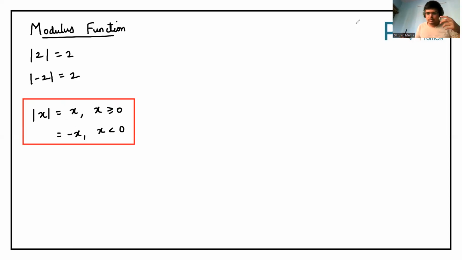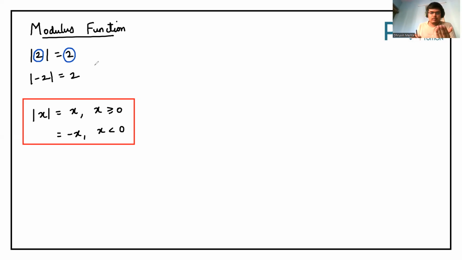Let's understand why this function is structured in this manner. See, when we take modulus of a positive number, like mod of 2, where 2 is a positive number, do you realize the answer has the same sign? Inside the modulus there is a positive number, outside the modulus there is a positive number.